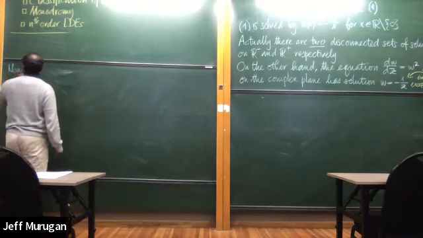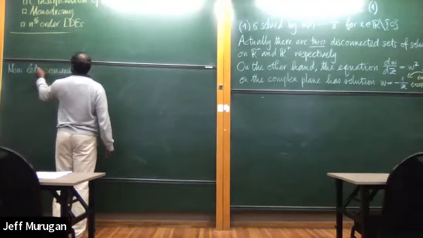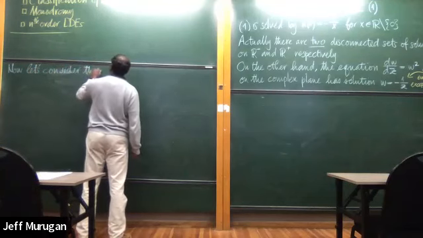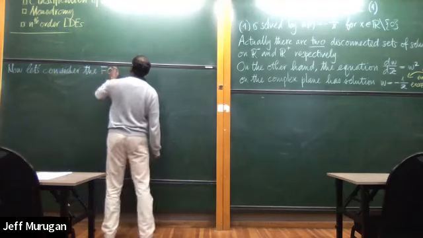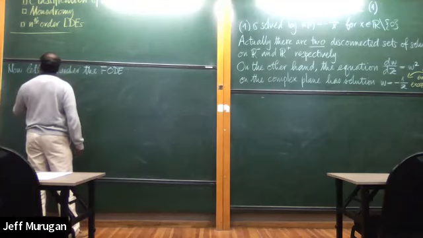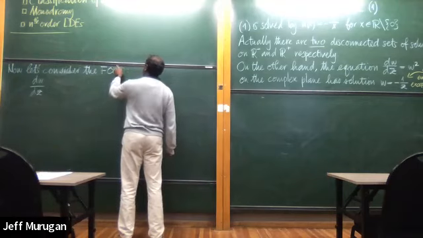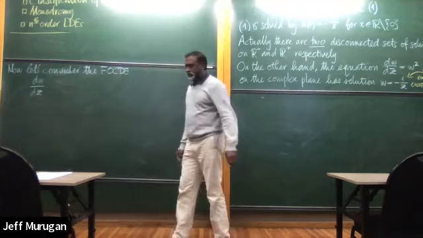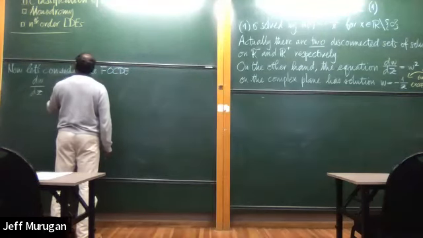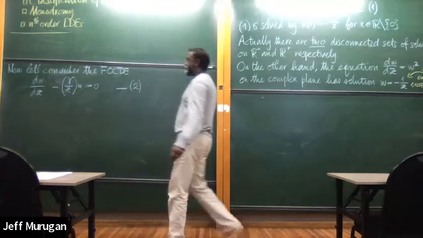So now, let's consider the first order complex differential equation given by dw by dz minus, let's say, gamma over z times w equals 0.